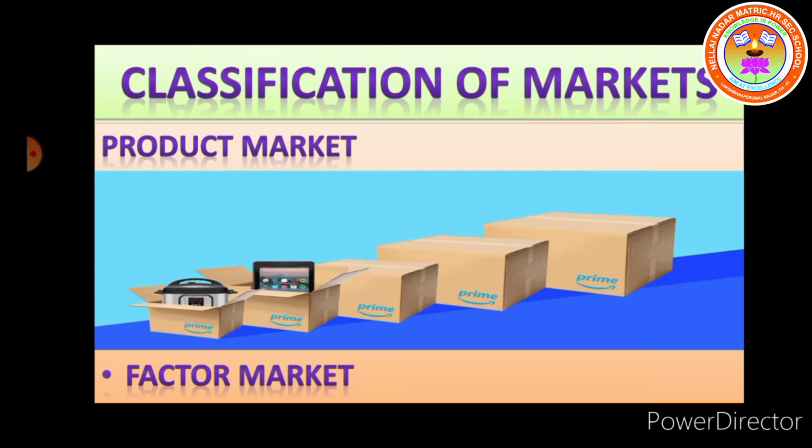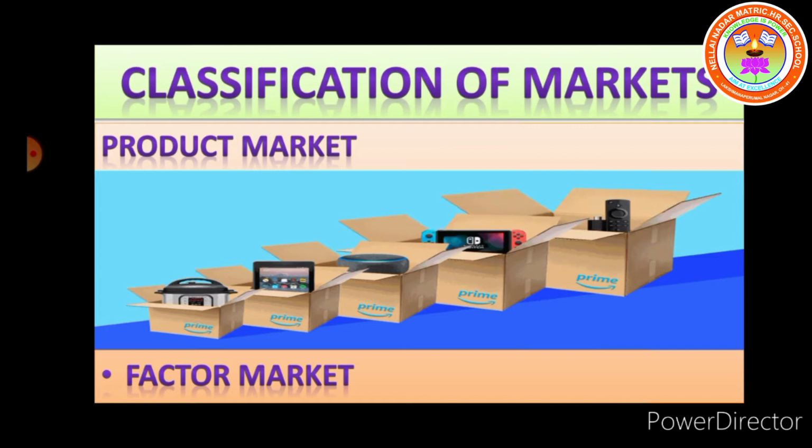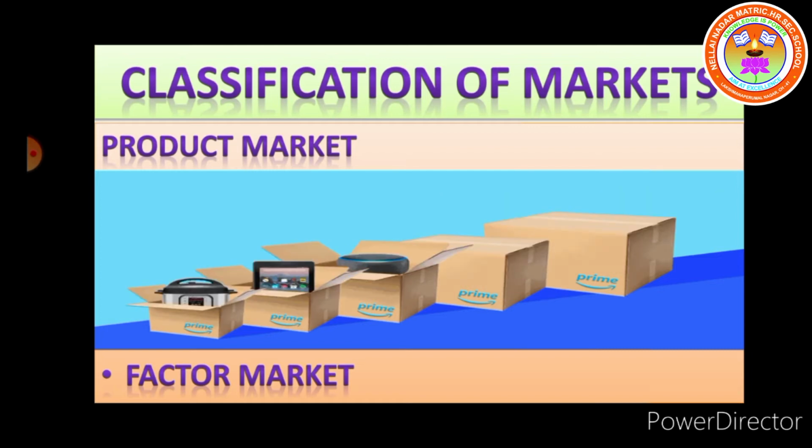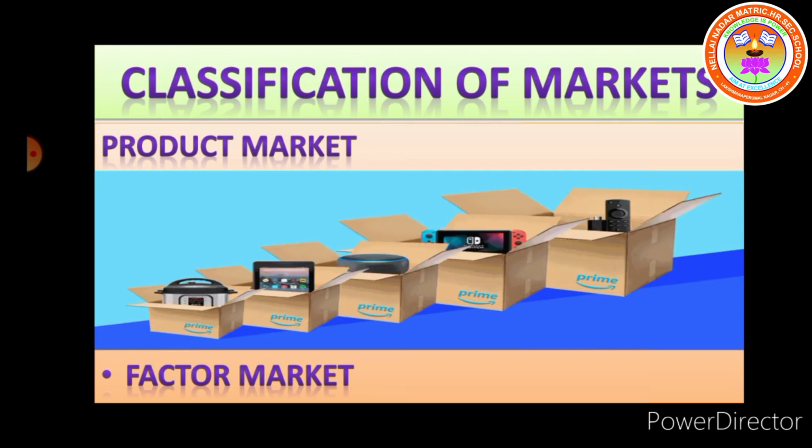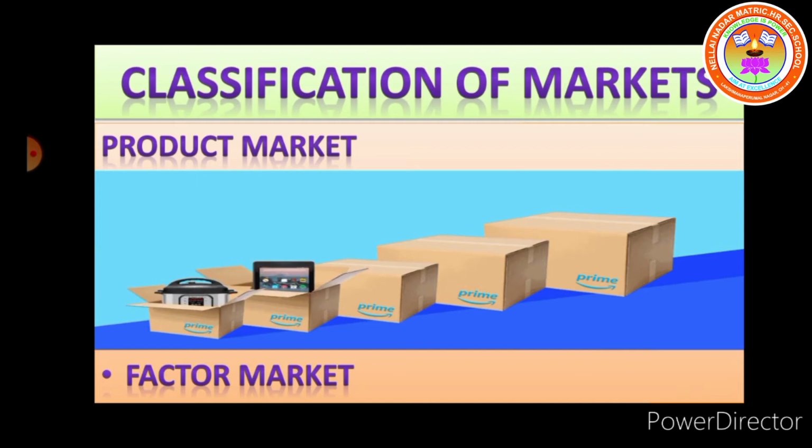It does not include trading in raw material or other intermediate materials. Okay, that is called product market. Factor market refers to the market for the buying and selling of factors of production. There are 4 factors of production: land, labor, capital and organization. These are the 4 factors of production.